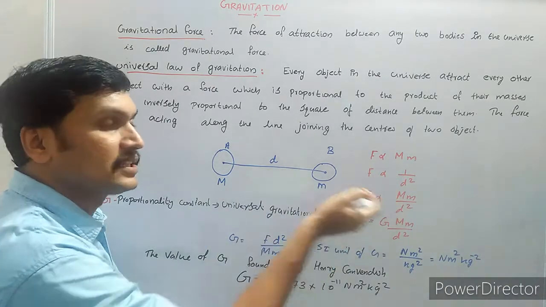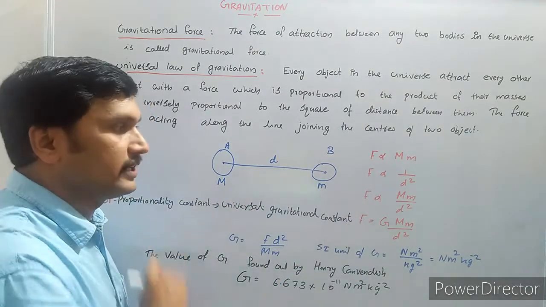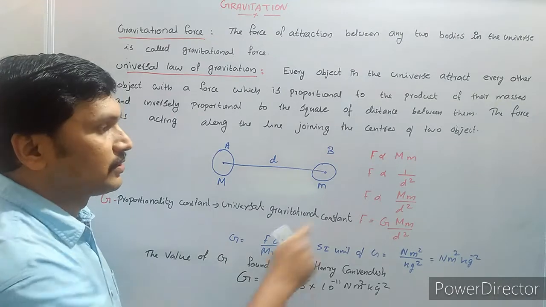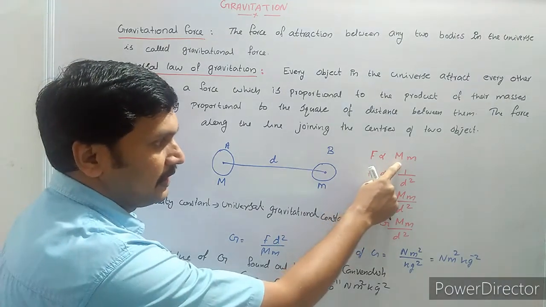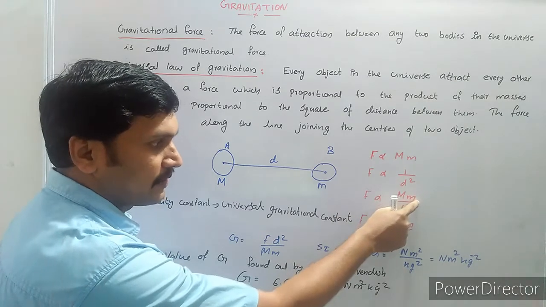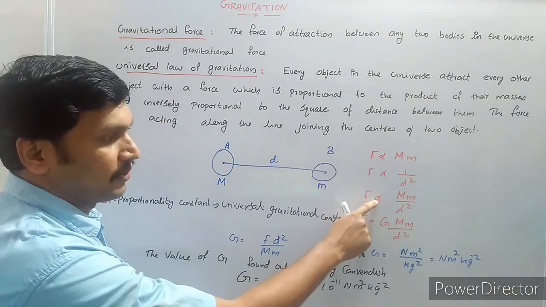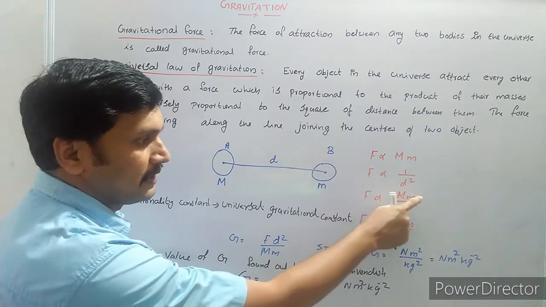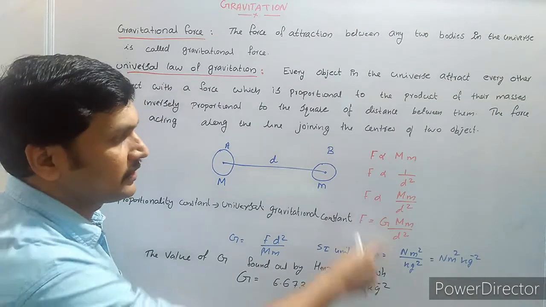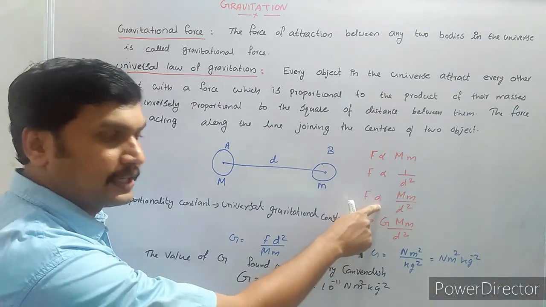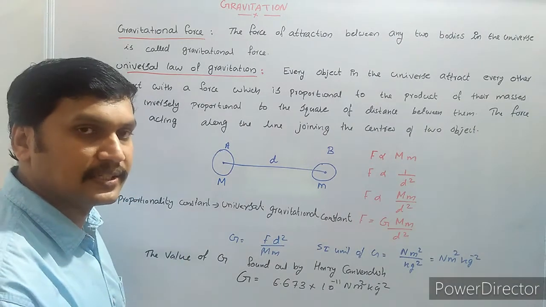If d increases, force decreases. If d decreases, force increases. And together we can write F is proportional to M times m divided by d squared. So actually this is a proportionality, and we can remove the proportionality just by multiplying by a constant.